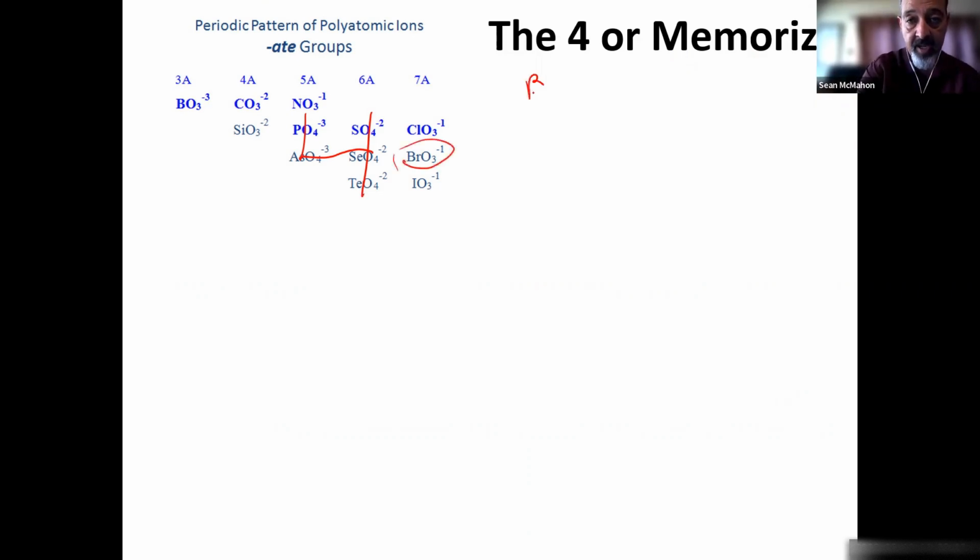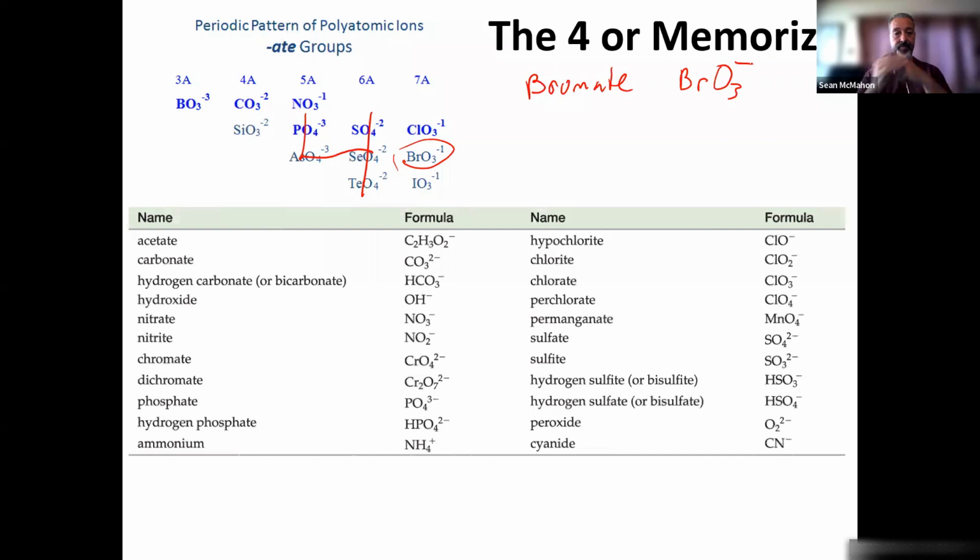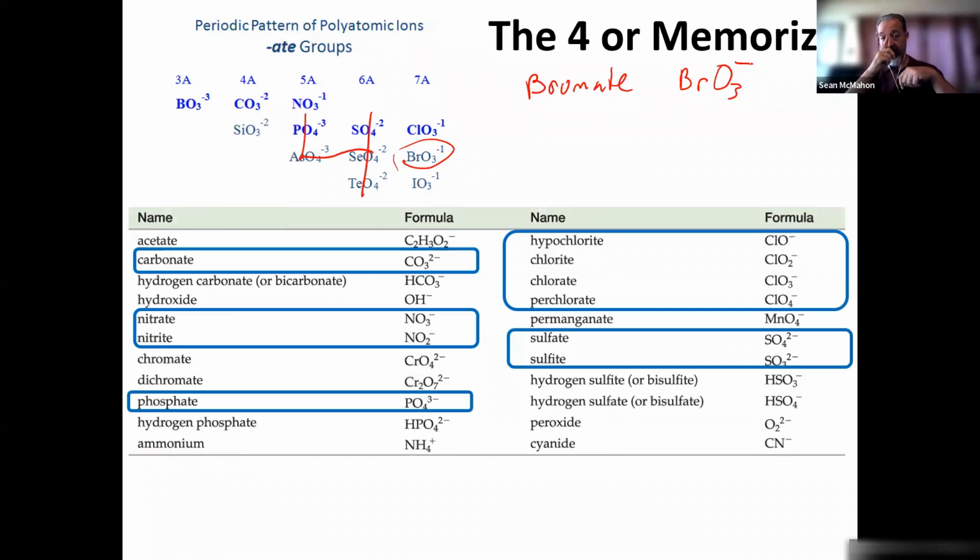So if I tell you, hey, write out bromate, you would say, okay, well, bromine must be the non-metal. It's got oxygen because it ends in -ate, but it's not on this 4. There's got to be a 3, and it's a -1 charge. I don't expect you to know bromate, but what I'm showing you is the power of the 4 can help you derive it. Okay. So those are the ones I want you to know in blue.